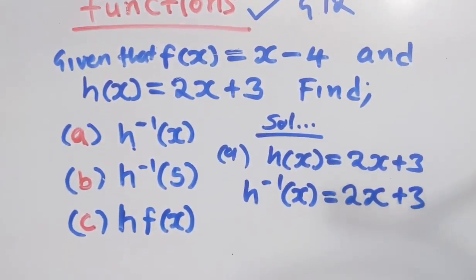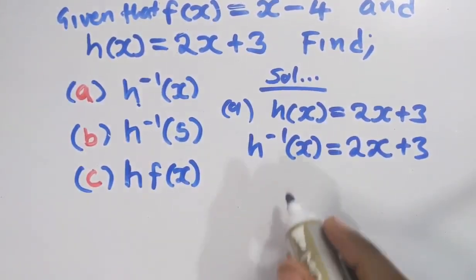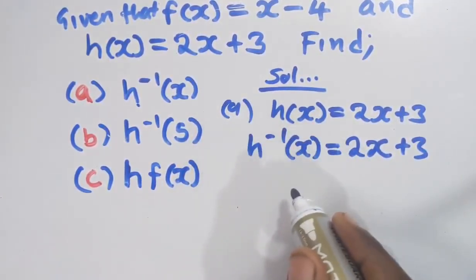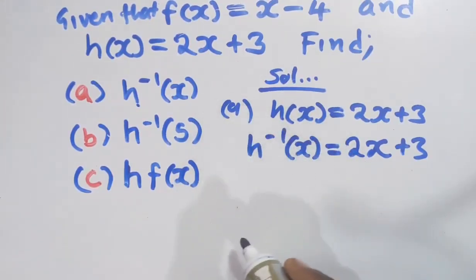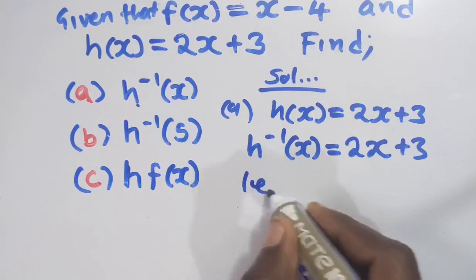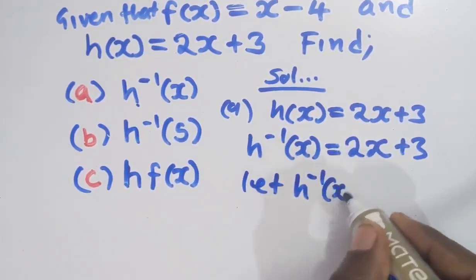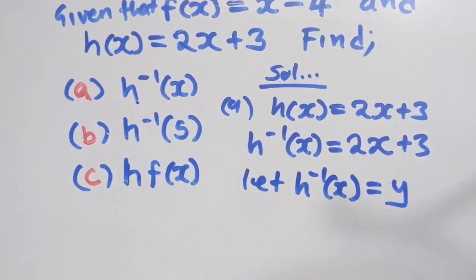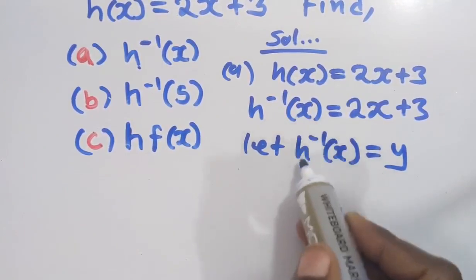Remember, if you want to find the inverse function, what we are supposed to do is to let the inverse function equal y. Let h inverse of x equal to y.